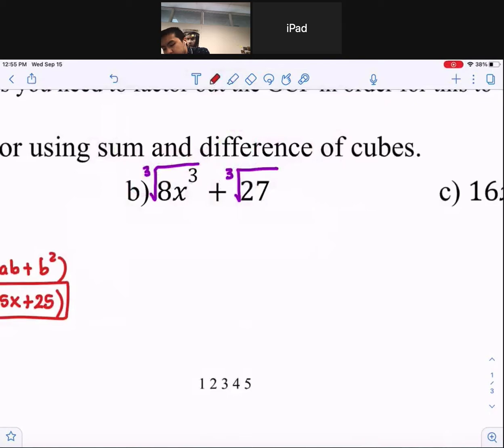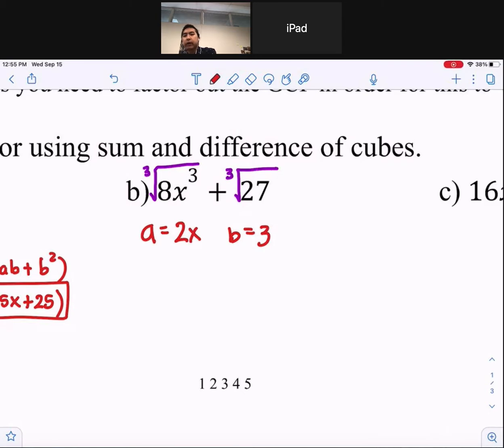Our a value is, what is the cube root of 8x to the third? 2x times 2x times 2x. What is the cube root of 27? What number times itself three times is 27? It's 3. 3 times 3 times 3 is 27.